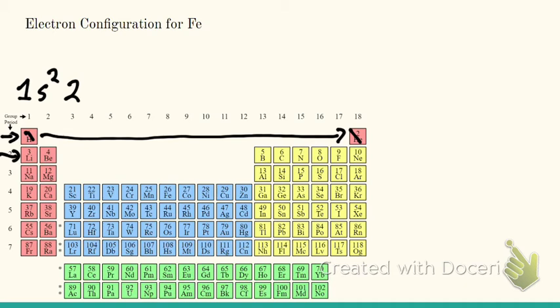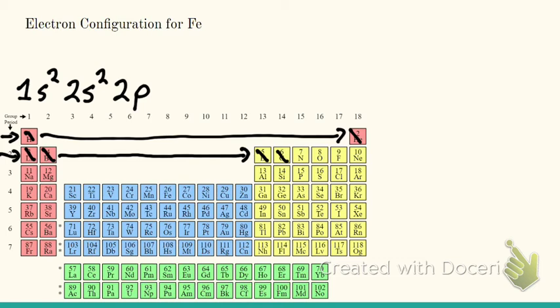We enter into our s block, which is able to hold 2 electrons. We continue reading all the way over, still in row 2, but this time we enter into our p block, which is able to hold 6 electrons. So we get our 2p6. We're at the end of our sentence, at the end of our row.